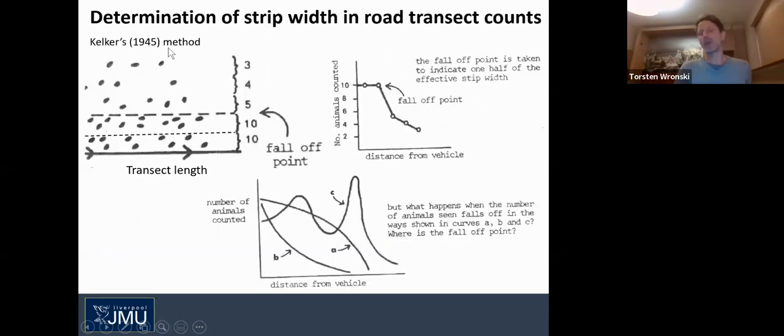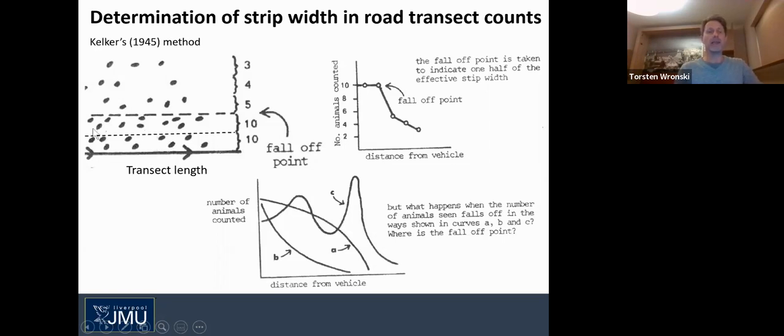This is a method which was already developed in 1945 by Kelker, and he went a step ahead and he lumped the distances into categories of, in this case, let's say 10 meters. So in the first 10 meters away from the transect line, here this x-axis in this case is the transect line, this is a distance of 10 meters.